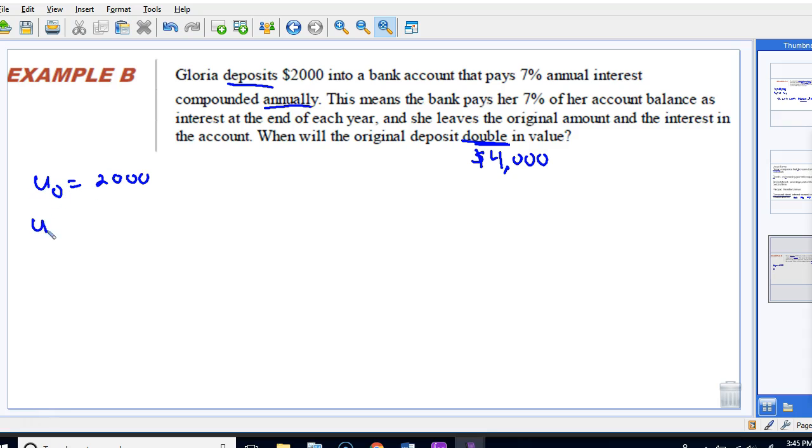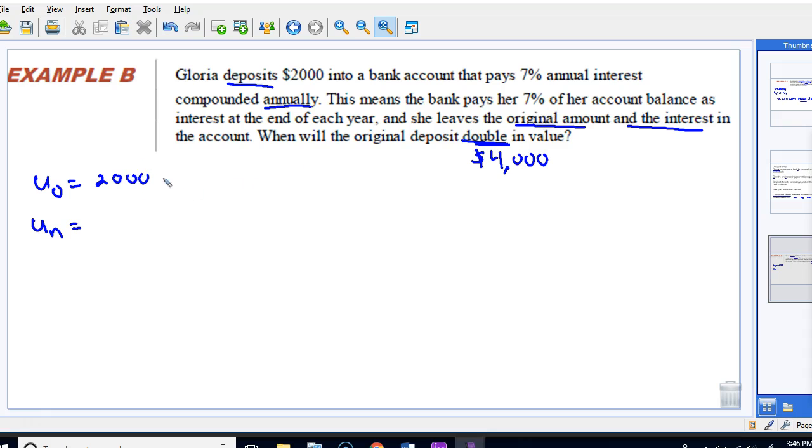So if we want to find the next year, we would take the previous year and multiply it by something. Well, she gets 7% of the money that she already has, but she also gets to keep all of her account balance. She gets to keep the original amount and the interest. So not only does she get 7%, she also gets 100% of the original amount.